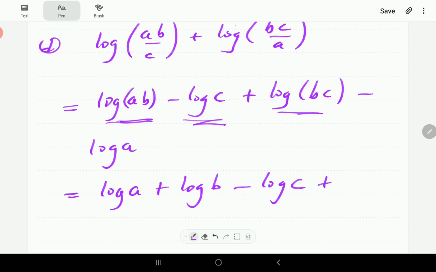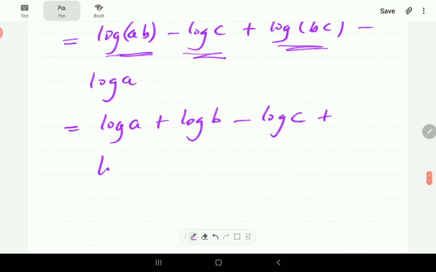And then this one again is going to give us two terms: log b plus log c, then minus log a is this term here.